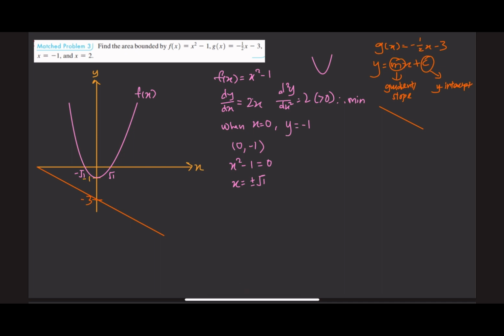And therefore, what we want to do is to find the area between x equals negative 1 and x equals 2. Let me use a different color again.